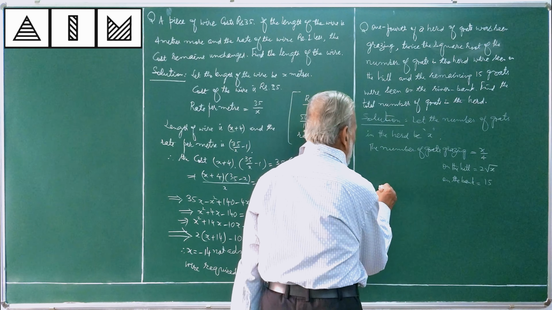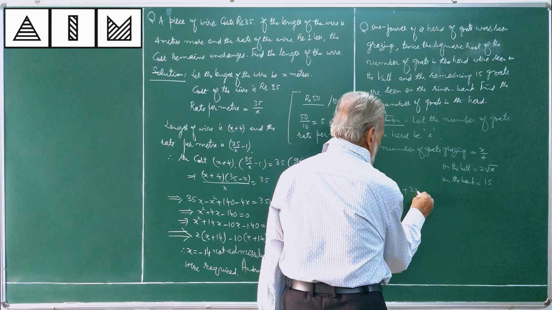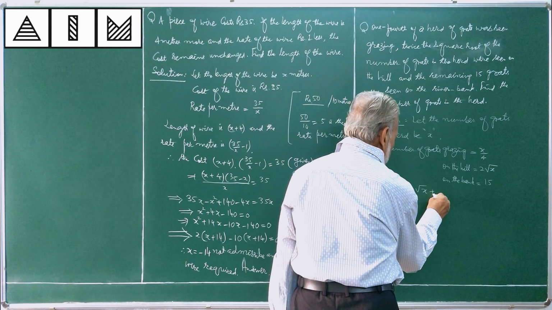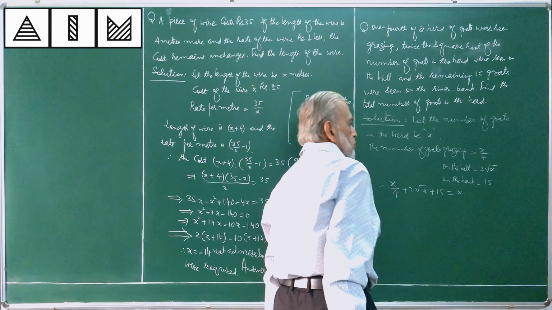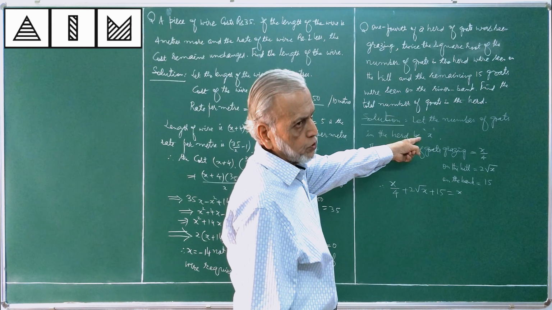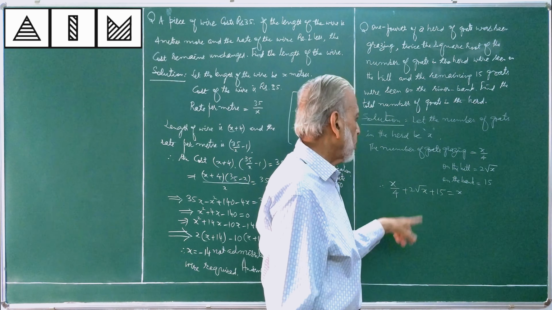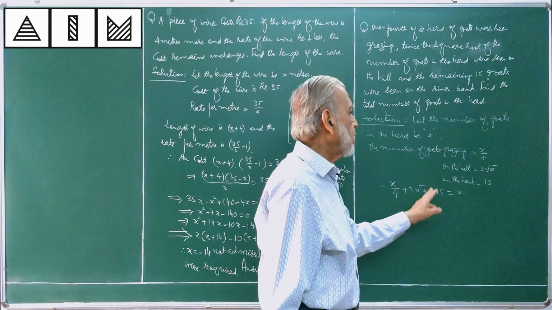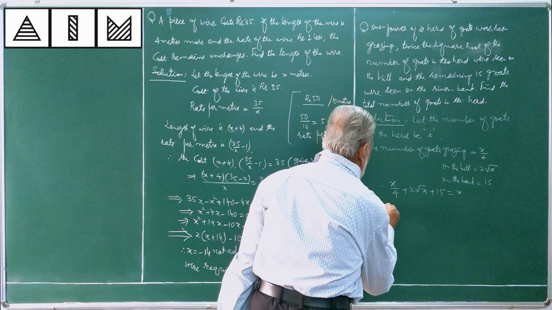Please see here. x by 4 plus 2 root x plus 15 makes x. Total number of goats, 3 parts. One part grazing, x by 4, another part on the hill, 2 root x, and the remaining 15 on the river bank. Now let us solve this equation.